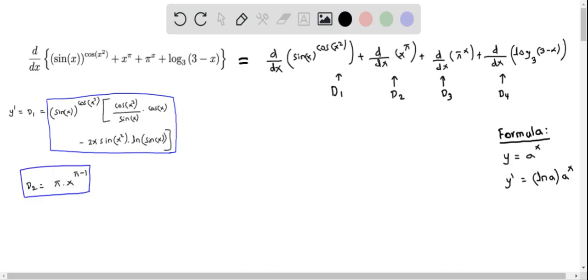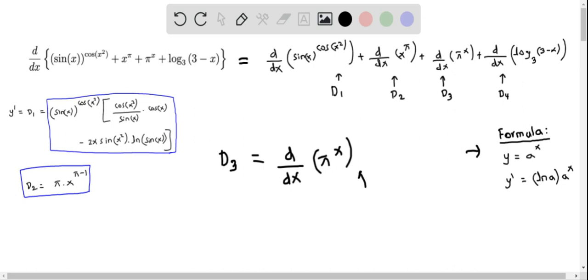Let's find d3. So basically d3 is the derivative of pi raised to the power of x. So for this, we will utilize this formula. That is, if we have an expression a raised to the power of x, its derivative is given by y prime equals natural logarithm of a times a raised to the power of x.